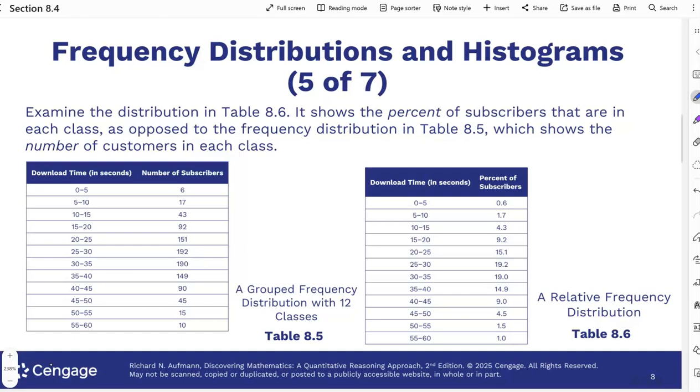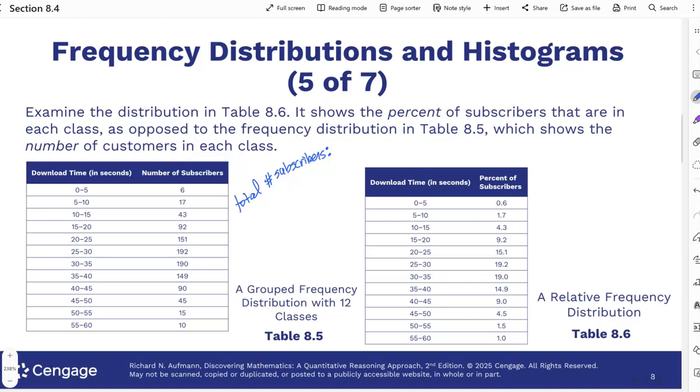Now, we could do a frequency distribution in terms of the frequencies or in terms of something called the relative frequencies, which shows us the percent of the subscribers. The way we would find this column is we would figure out how many we have total. So we would add 6 plus 17 plus 43 and so on.